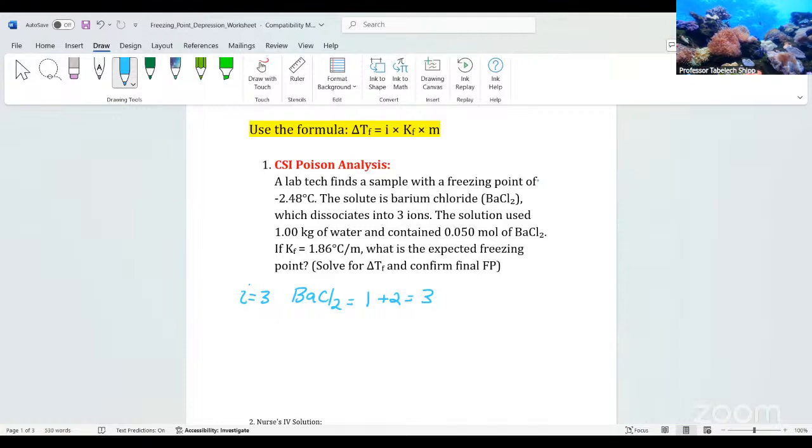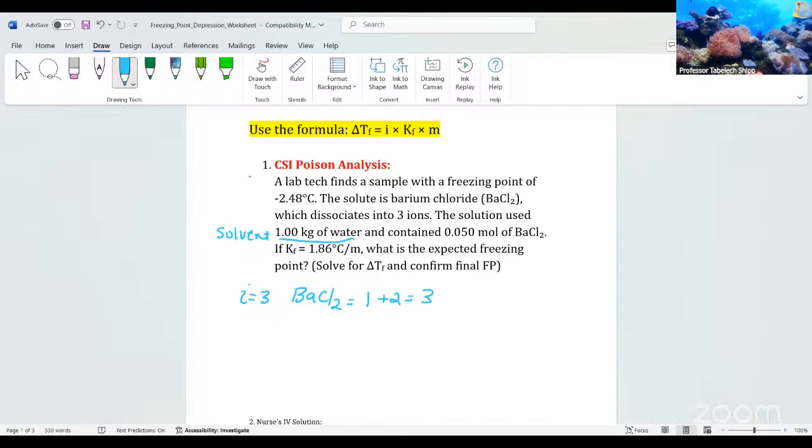They also told you that you have in the solution 1.00 kilograms of water, and that is your solvent. They already put it in kilograms, so you don't have to worry about converting it.